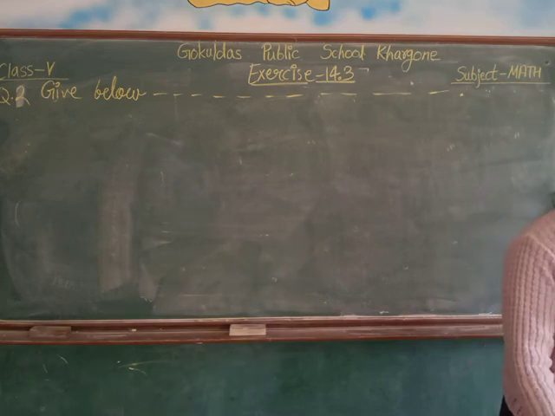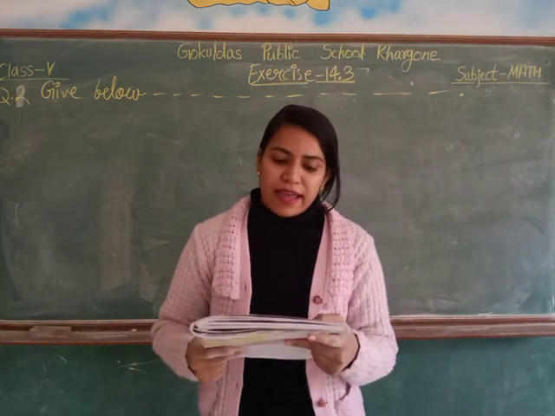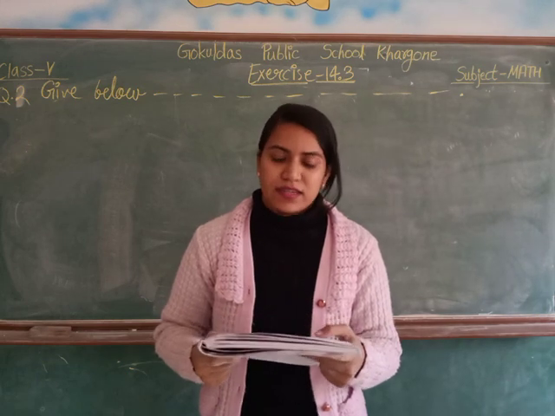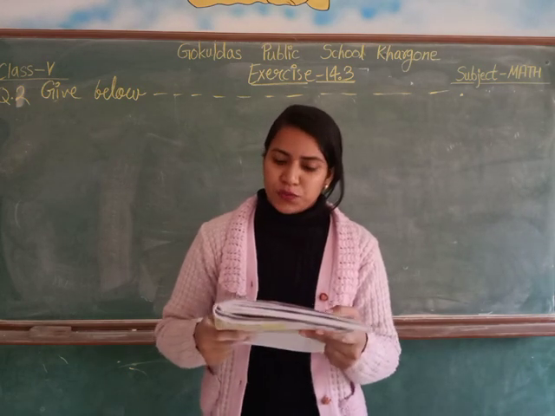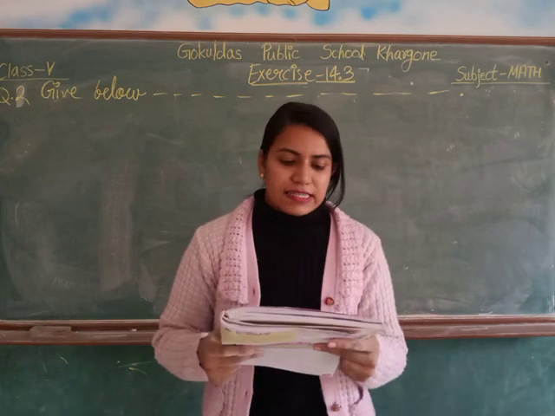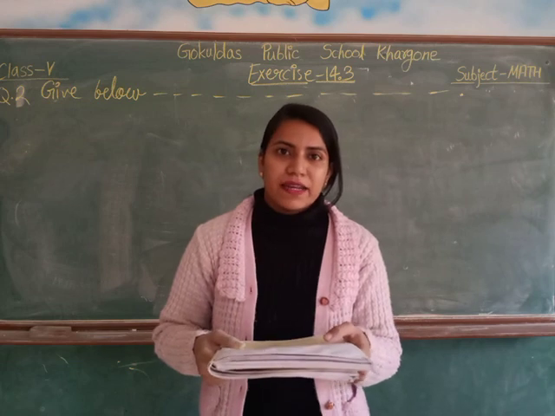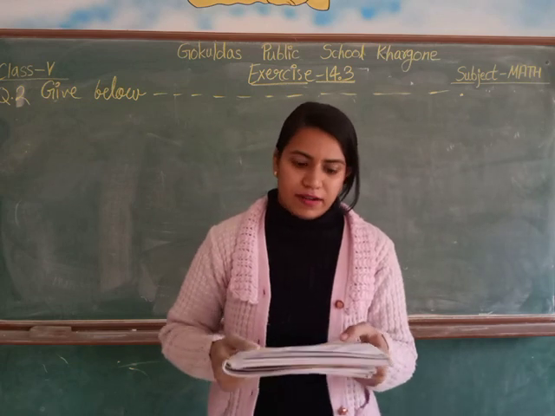What is the question? The question is: given below is the price per kg of onions from January to June of a particular year. What data is given? The data for price per kg of onions is given, right?